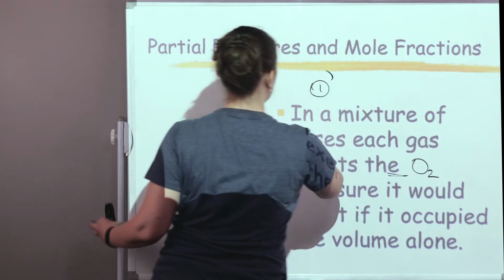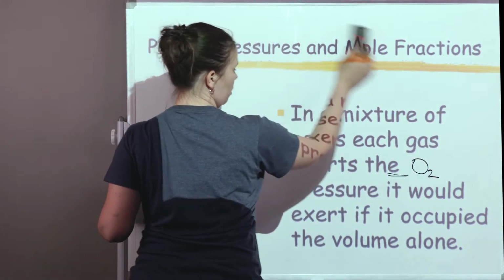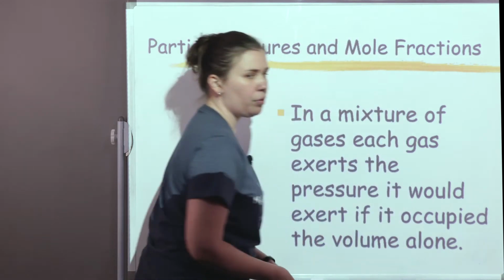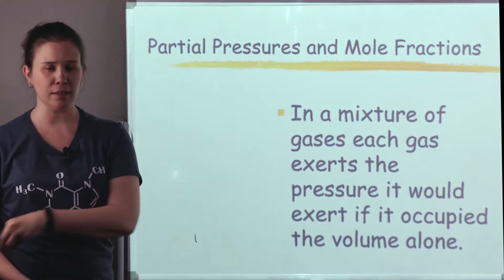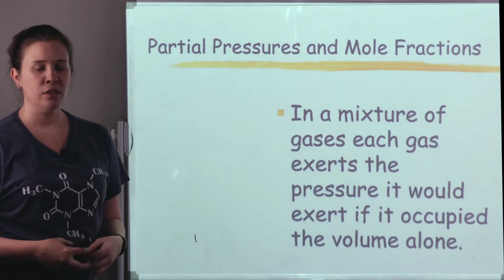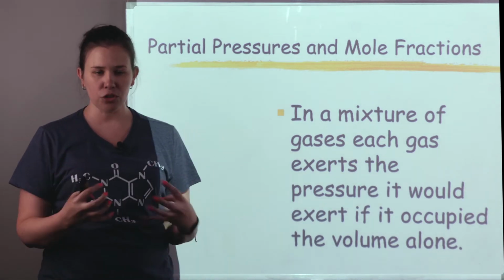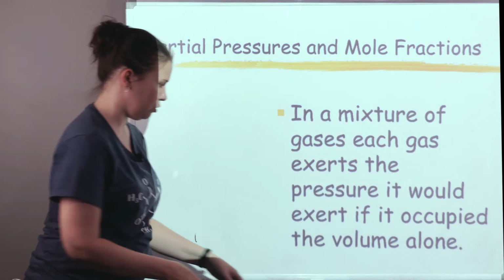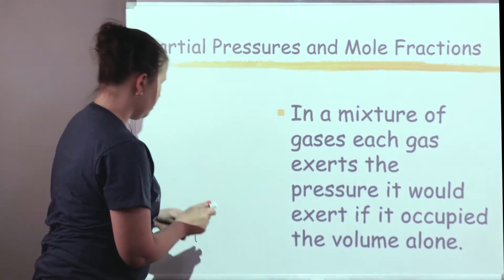All right, on to our next gas law. So we're going to start getting into something called Dalton's Law. Dalton's Law is all about partial pressures, or pressures of multiple pieces that are all in the same chamber, a mixture of gases. So the idea here is that in a mixture of gases, the total pressure is equal to the sum of the partial pressures. This is actually a very simple concept.